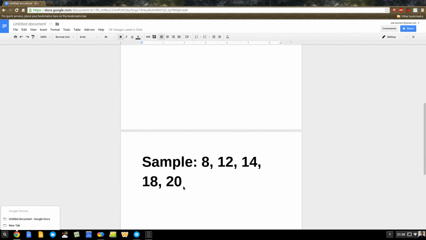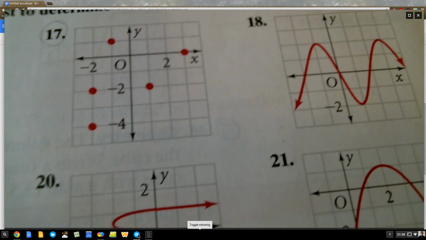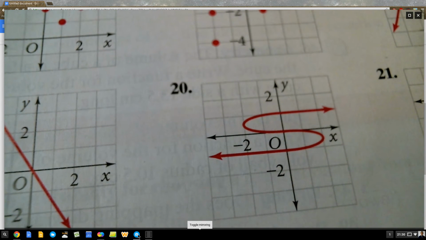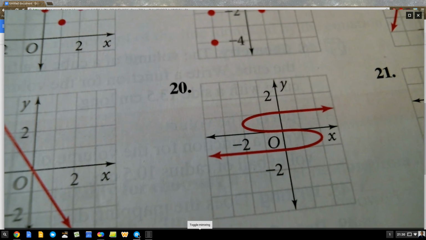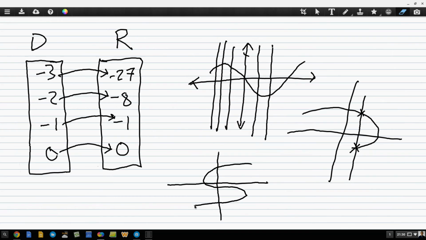And then number 20. Let's take a look at number 20 here. Good one. Okay, so you have this S-shaped looking graph. So let's draw that here. So it looks something like this, right?